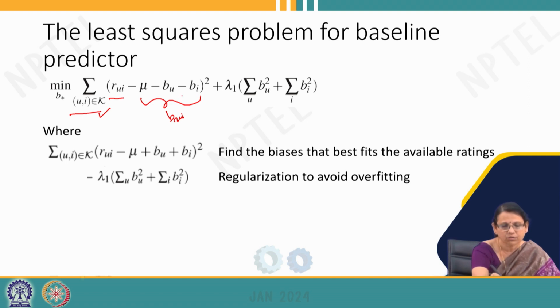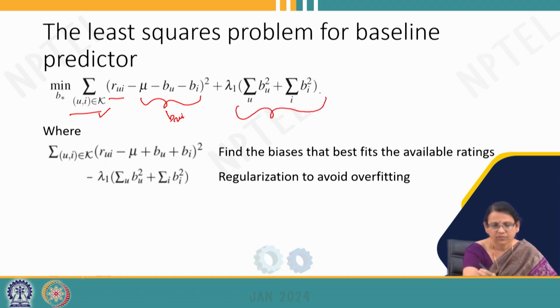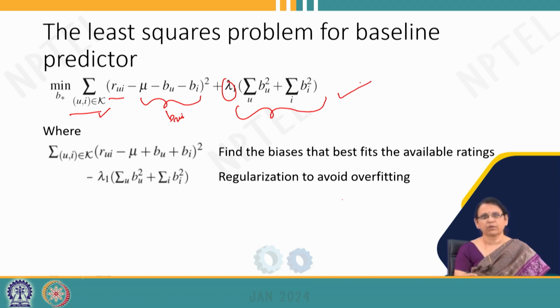So, Rui minus this estimated value, plus this term, which is the regularization parameter. This is the actual error with respect to the biases, and this is the regularization parameter. Now, we can solve this optimization problem and find out the values of the Bus and Bis. How many Bus are we going to find out? As many as the number of users in the system. How many Bis? As many as the number of items in the system.